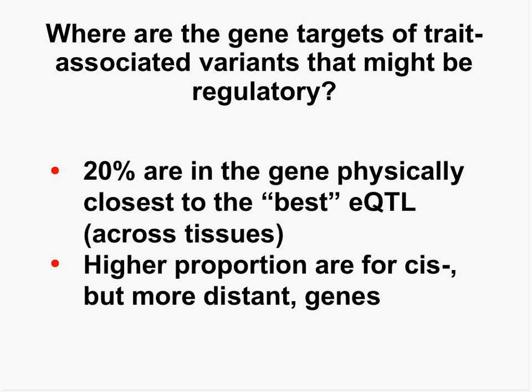So again, even in GTEx, where we are able to interrogate many different tissues, we're not yet interrogating even all of the tissues that we'll ultimately be able to interrogate. And even then, that will be only a subset of tissues, at not nearly all stages of development and timing.